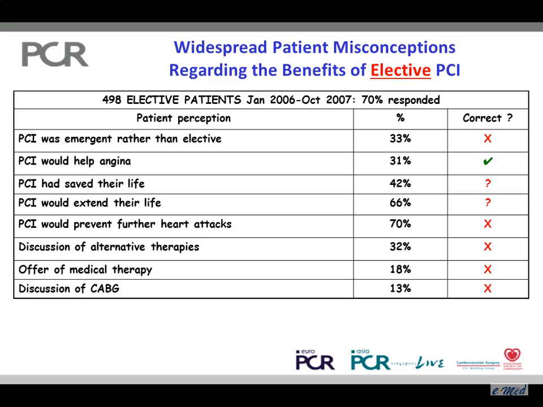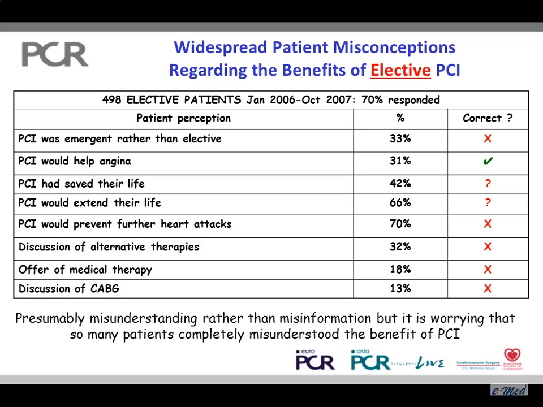Many patients felt that the PCI procedure would have an impact on their life expectancy, and very many, actually the majority, felt that it would prevent further heart attacks. Of course, disturbing, particularly to the surgical colleagues, is the fact that in only 13% of the patients was the surgical option discussed. So it's not misinformation, but certainly misunderstanding on behalf of the patients as to the benefits of the various procedures, and that's why in the guidelines we recommend that the information to the patient should be much better improved from what it is today.